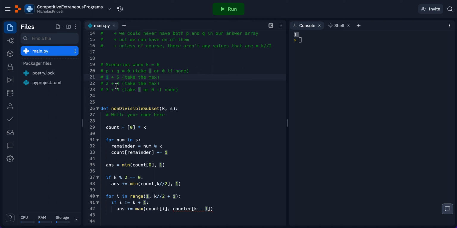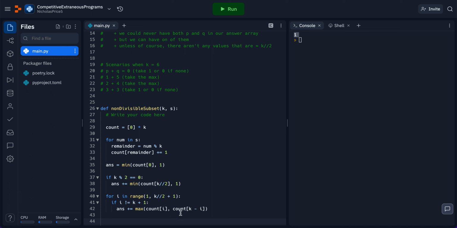And we want to take the max in the scenarios where we have 1 and we have 5, we want to take the maximum of those two. We can evaluate that by taking count of i and count of k minus i. That's not supposed to be 1, I apologize. That might not make sense. Now it should make sense.